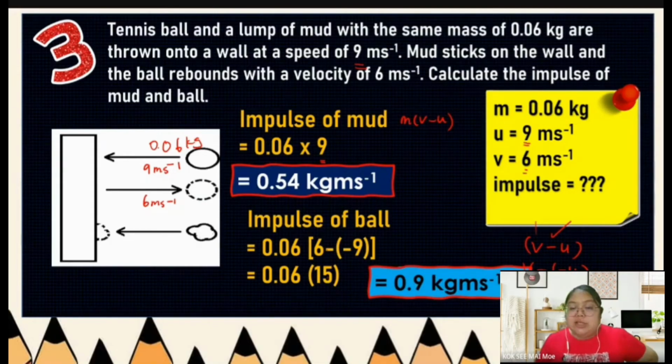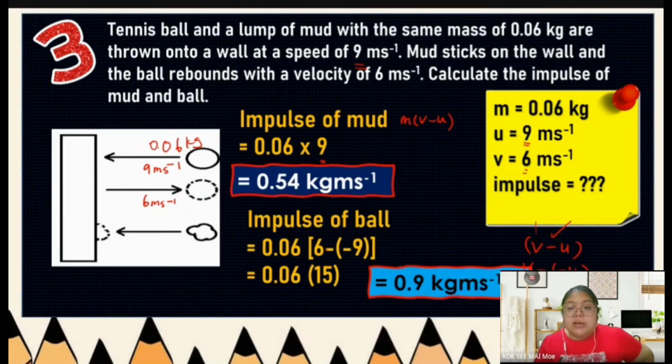0.9 kg m s^-1. You also can get negative. If you put negative here, reversed, negative 6 minus positive 9, you also get 0.9 but with a negative in front only. Then you need to explain that finally the ball moved in the opposite direction. You just add one more sentence if you get negative.